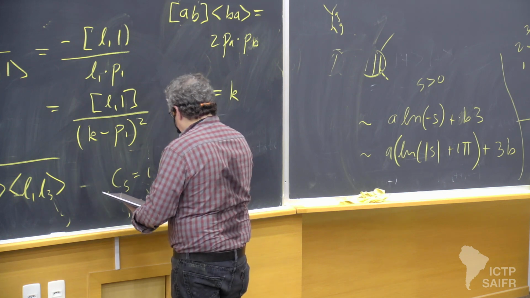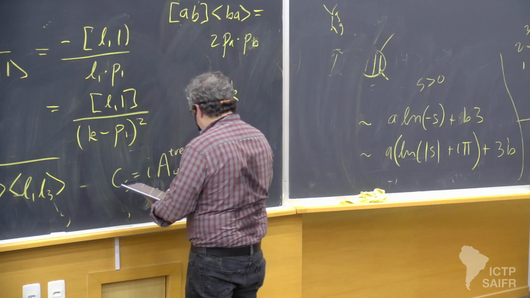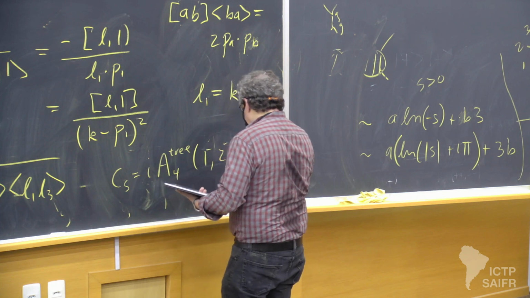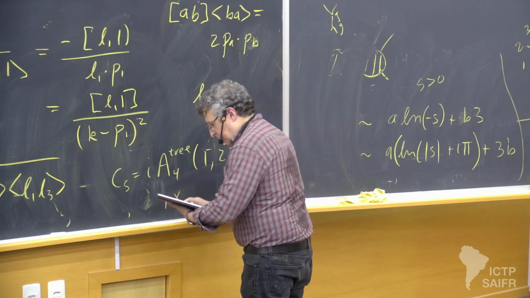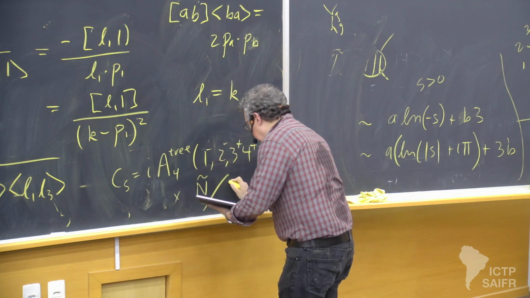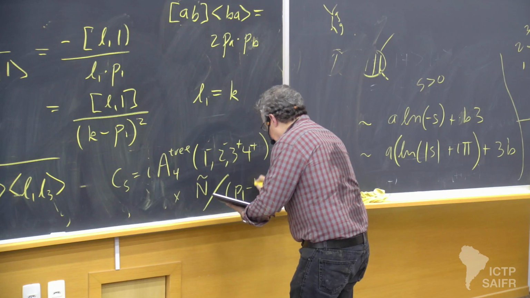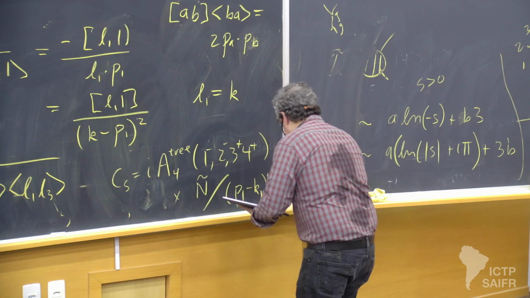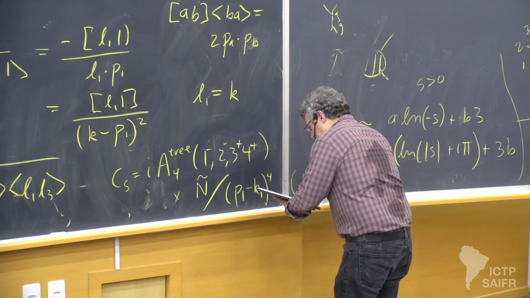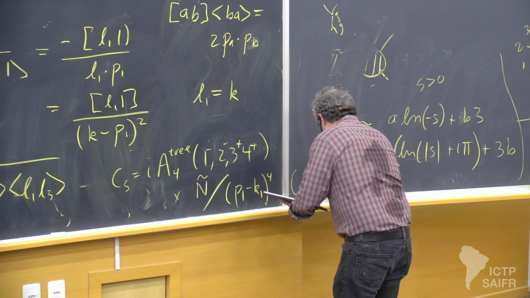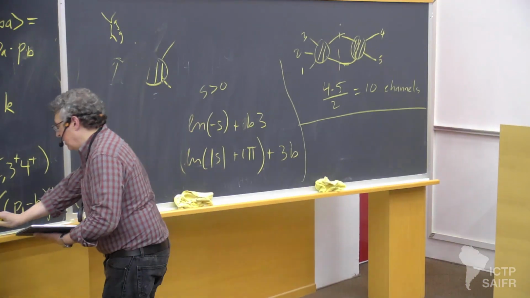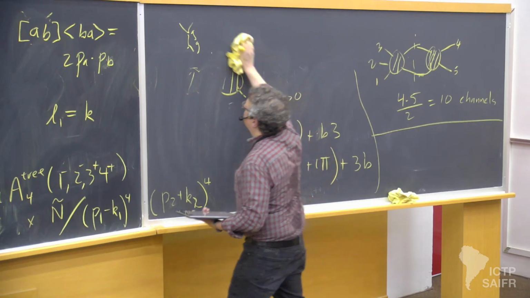Maybe it sounds like a homework assignment. 1, 2, 3, 4, minus, minus, plus, plus, times a numerator, which I'll show you in a second, divided by 2 Feynman propagators, P1 minus K1, but they're raised to a high power, P2 plus K2 to the 4th. This is what you get.